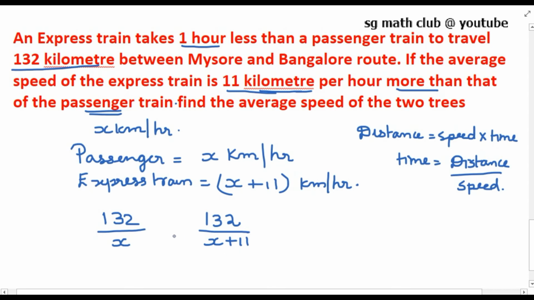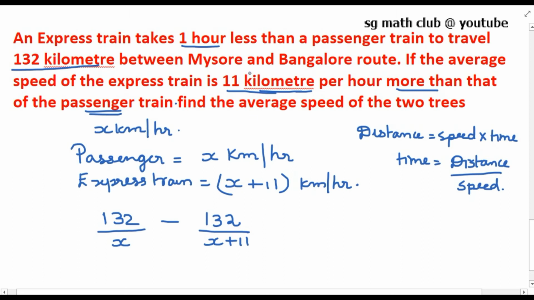So which train will take more time to reach Bangalore from Mysore? The passenger train will take more time. So this fraction has got more value than this fraction, so we will subtract. How many hours more will the passenger train take to reach Bangalore?